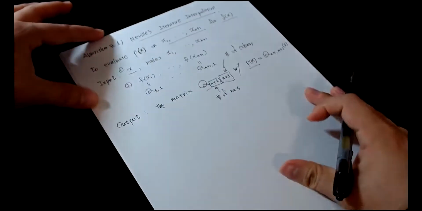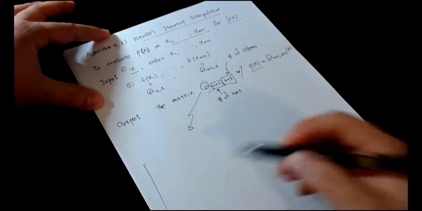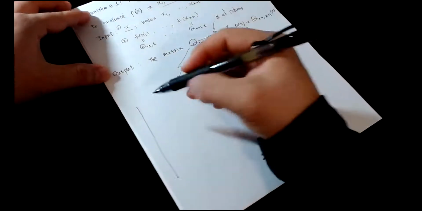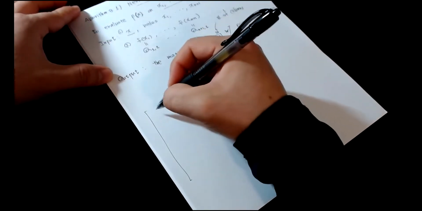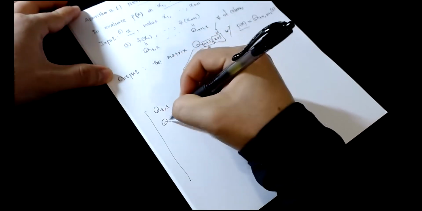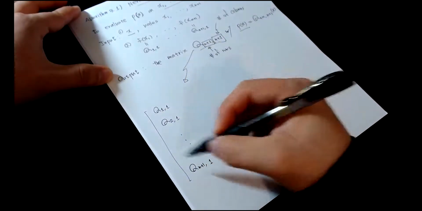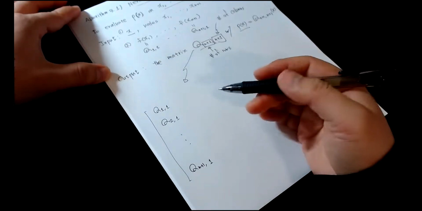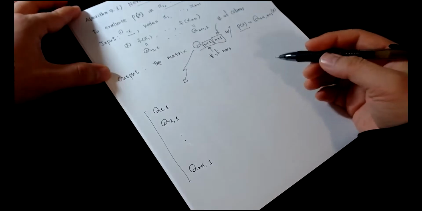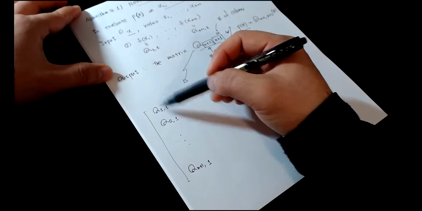So we need to figure out the structure of the matrix q. The first column is going to be q 1,1, q 2,1 through q n plus 1,1. But these are nothing but the function values of each node given as input, right?